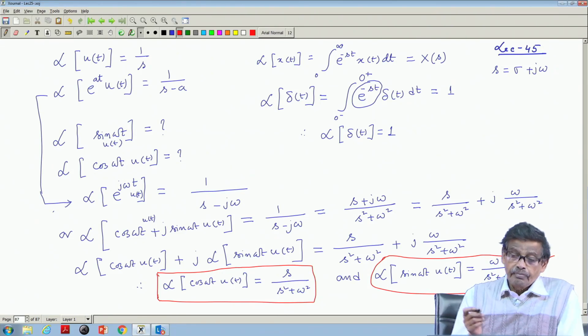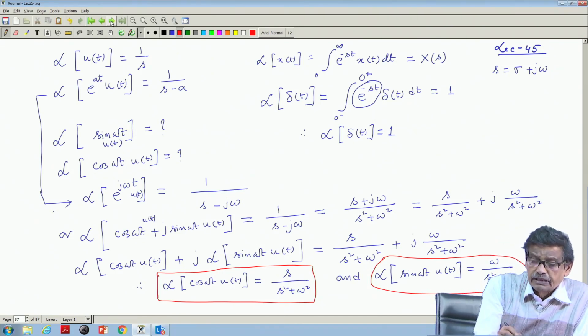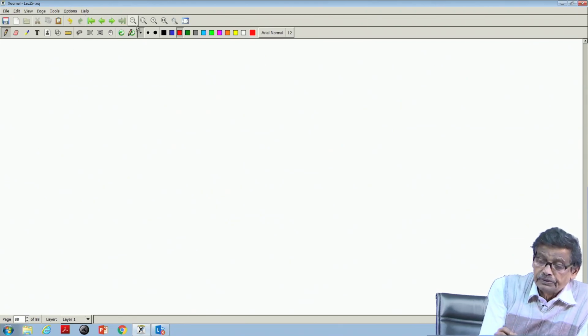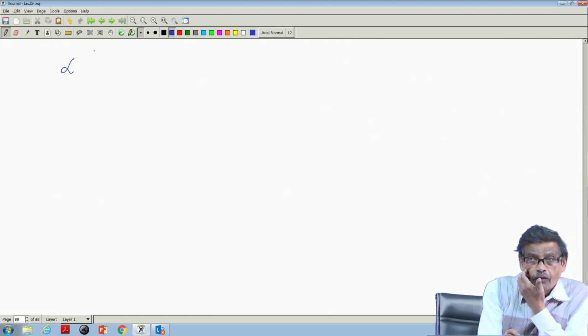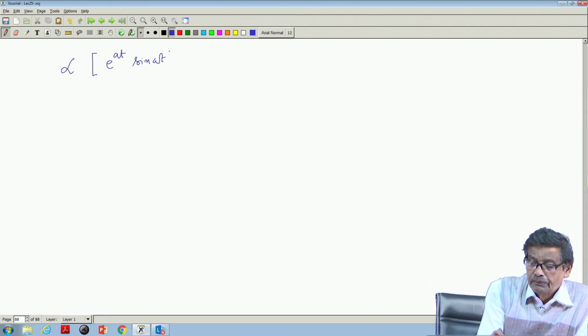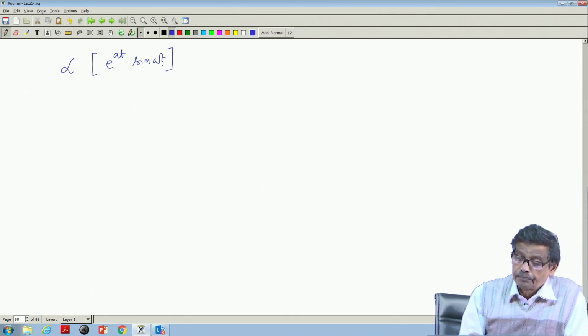Okay. Now, for example, if I say Laplace transform of e to the power a t into sin omega t into u t, what will be its Laplace transform?